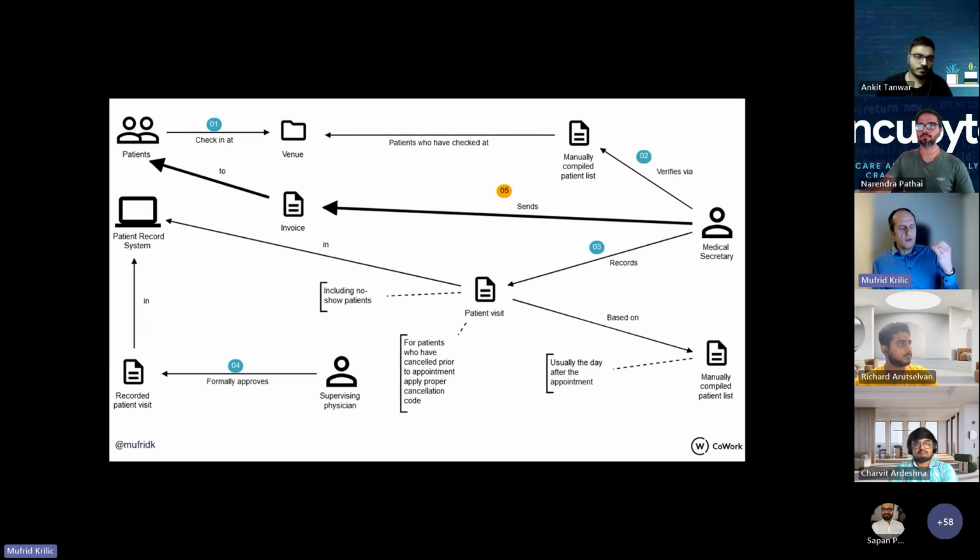What is really important in domain storytelling, or actually any collaborative modeling session, is mixing together people from different backgrounds. You get domain experts from different backgrounds in the same room because they work differently.